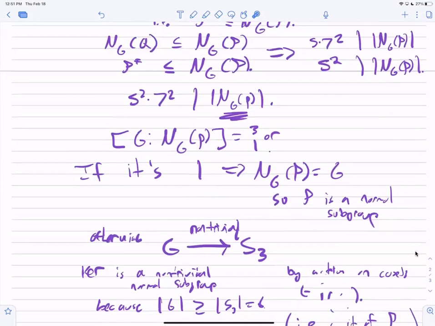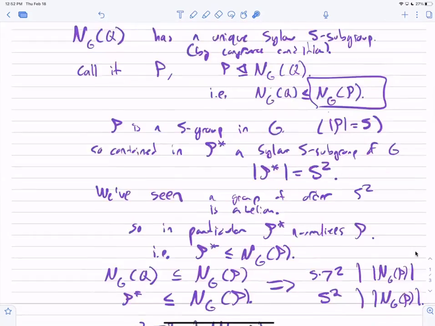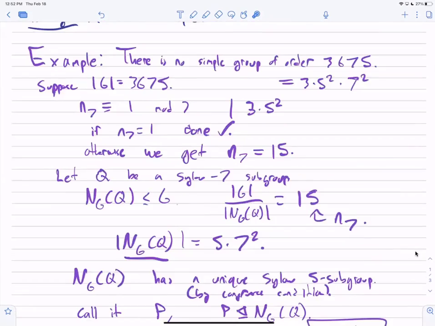Otherwise, we got this permutation representation on the cosets, or on the conjugates of P, to a very small symmetric group. And so that has to have some non-trivial kernel. So that's outlining the argument.